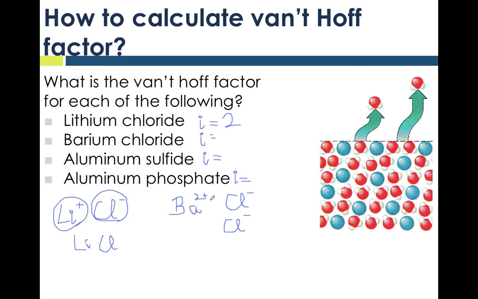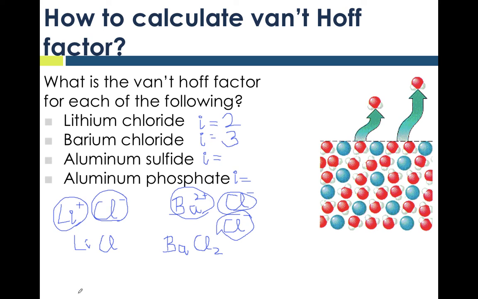So I have plus 2, and now I have 2 negative charges, so I have negative 2. So we know that the formula for barium chloride, instead of just LiCl, you cannot do barium chloride, it's just BaCl. It ends up being BaCl2, since I needed 2 of these. So now let's count how many ions did we end up using for it? We used 1, 2, 3 ions, so my Van 't Hoff factor for barium chloride is 3.